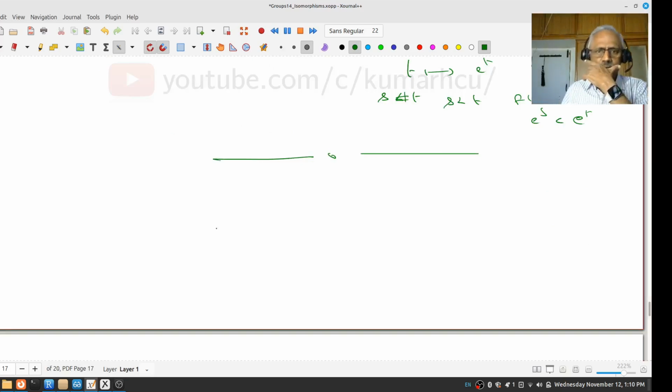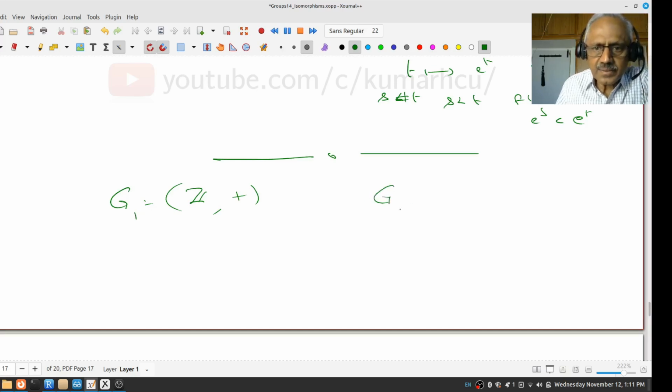Now suppose we look at G1 to be the additive group of integers, and Gm to be all multiples of m under addition.